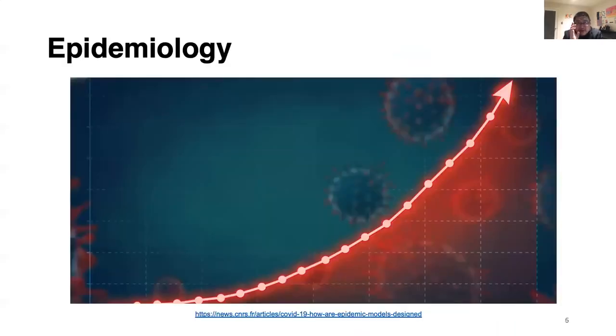Number 1 is epidemiology. It is very important to predict how this epidemic is going to progress, like the increasing trend of the number of cases and deaths, how the virus is likely to propagate locally and globally, and what kind of non-pharmaceutical intervention policies could be effective in maximally preventing the spread of the disease.